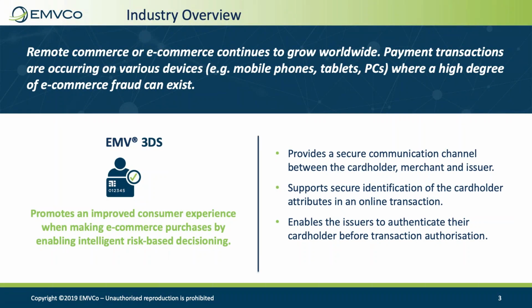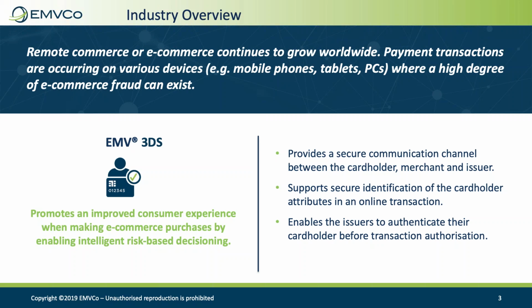Now let's look at the role EMV 3DS plays in the remote commerce or e-commerce industry, which is continuing to grow worldwide and with multiple and various devices, where a high degree of fraud and friction exists.